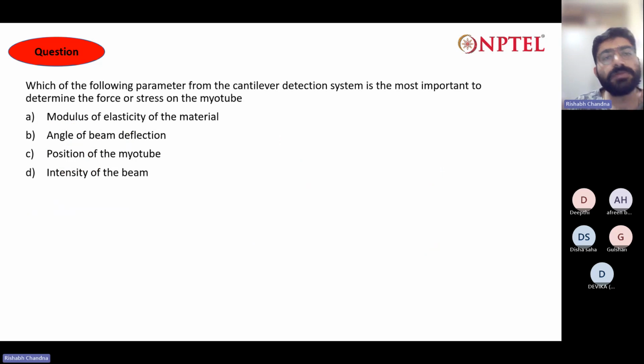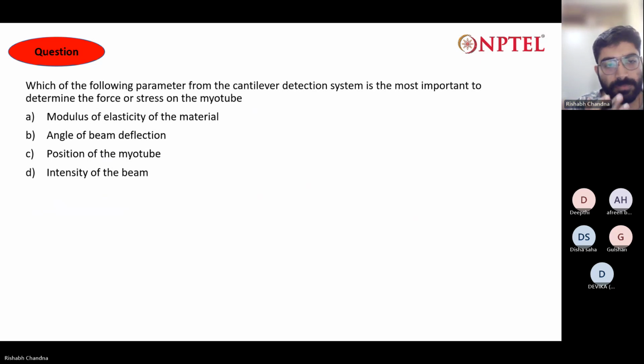Which of the following parameters from the cantilever detection system is the most important to determine the force or stress on the myotube? The options are the modulus of elasticity of the material from which the cantilever is made, the angle of the beam deflection, the position of the myotube, or the intensity of the beam.